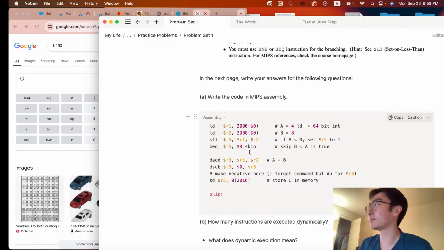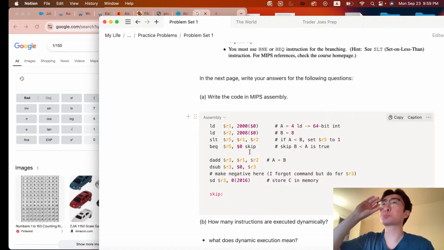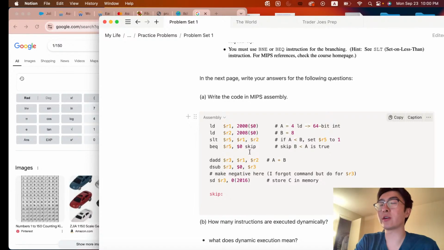In this case, they do if the first register is less than the second register, otherwise.